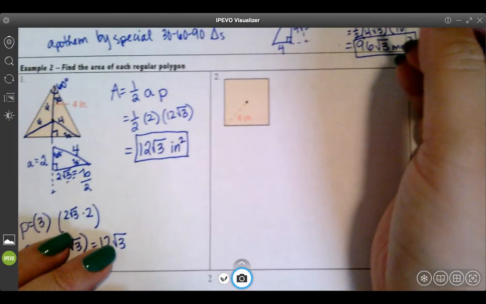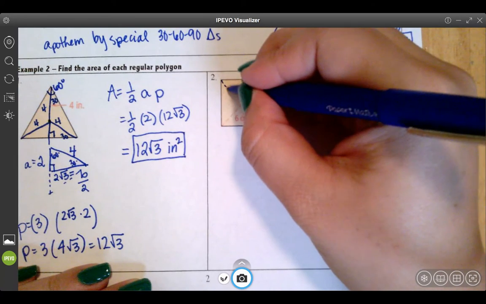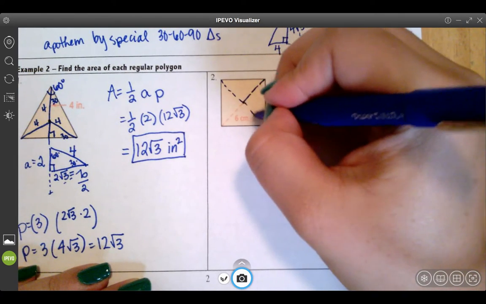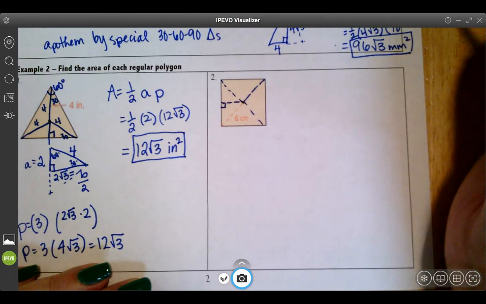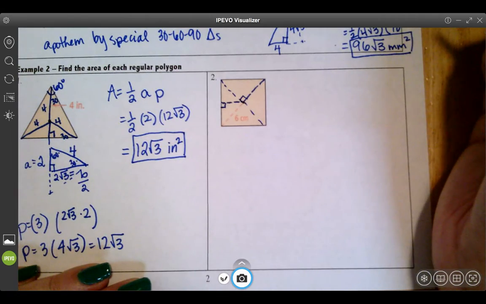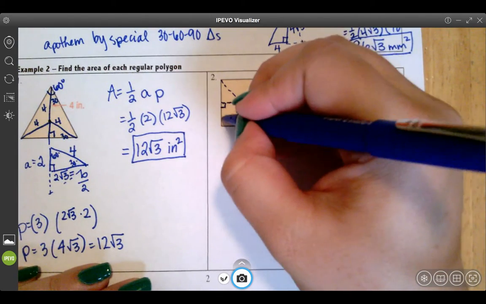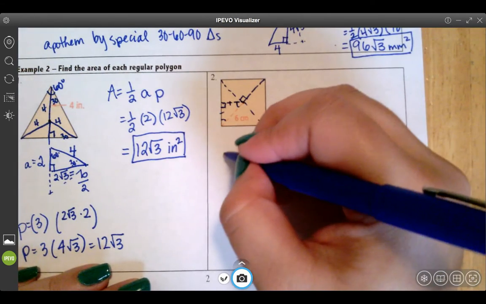For a square, we do the same thing, only the radius is given, so we'll create our central angles. That gives us a right triangle here. We know that the diagonals of a square are perpendicular, so this must create a 45, 45, 90 isosceles right triangle. Draw it down here a little bit bigger.